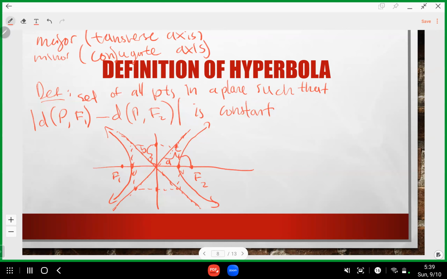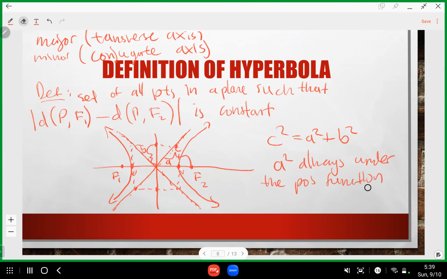But the relationship between a, b, and c is going to be c squared is equal to a squared plus b squared. And a squared is always under the positive fraction. So why is it always under the positive fraction?